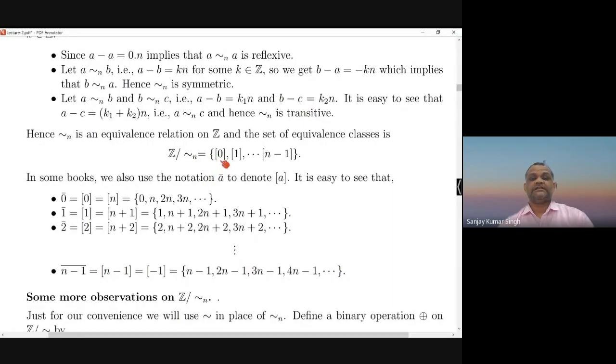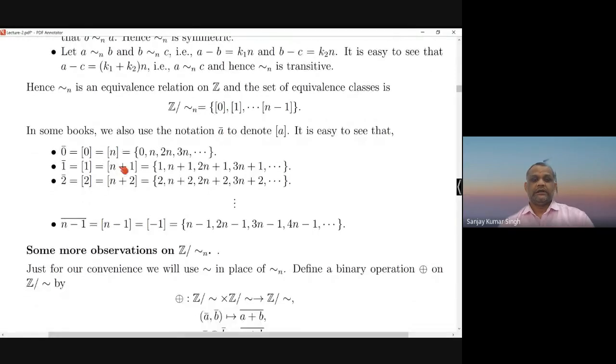And basically this set is nothing but the equivalence class of 0, the equivalence class of 1, and so on till the equivalence class of n minus 1. And it is also easy to verify that the equivalence class of n is the same as the equivalence class of 0. Why? Because 0 and n are related.